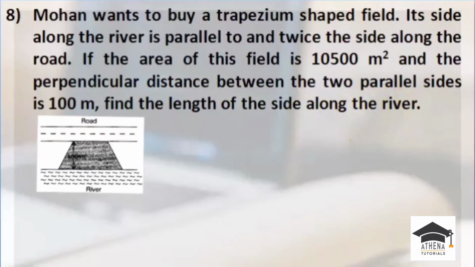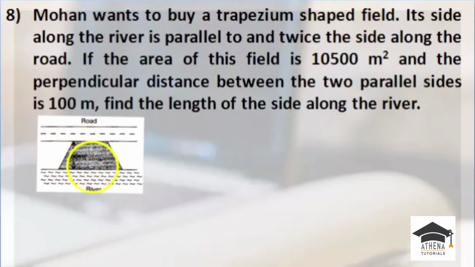Here they have given that there is a person named Mohan and he wants to buy a field which is of shape trapezium. This is the field and it is of shape trapezium. They have also mentioned that one of its sides along the river is parallel to and twice the side along the road.